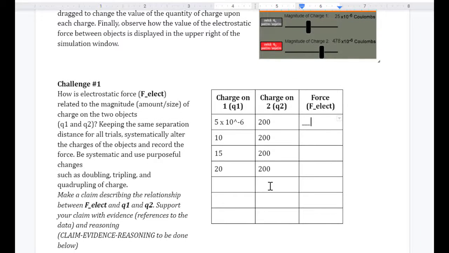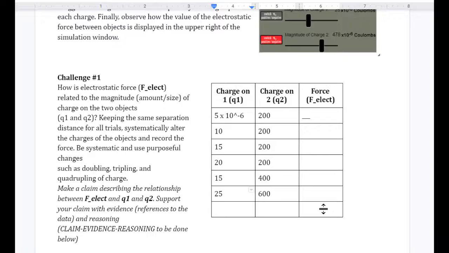Okay, let's change this charge though. Now let's say we double it, or let's say we triple it. Then I can pick one of these, maybe 15 here or 25, and then I'm going to say what my force is here.